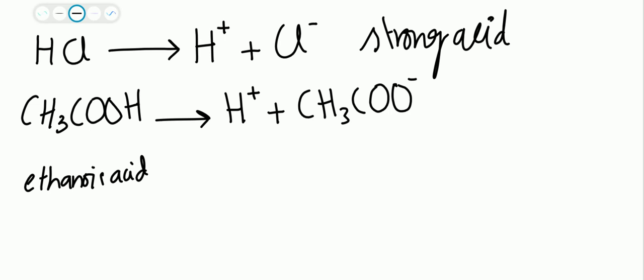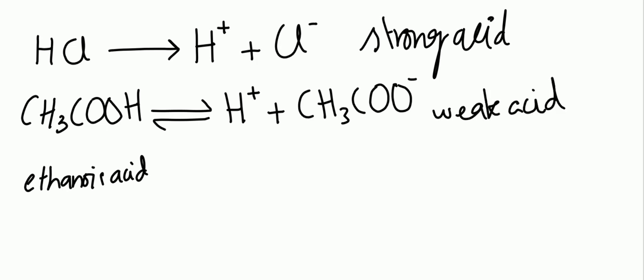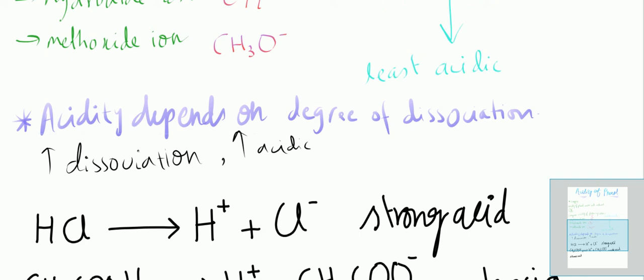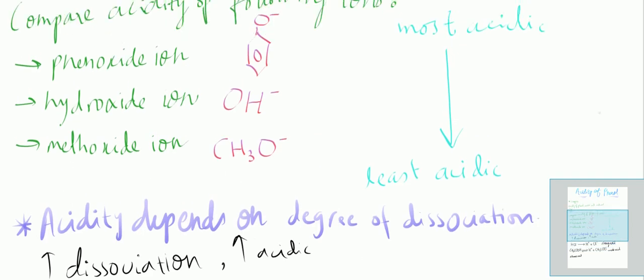So instead of this arrow, we have this sign of reversible reaction present over here. So we say that it's a weak acid because the degree of dissociation over here is comparatively less. Now let's go back to the ones that we were discussing.